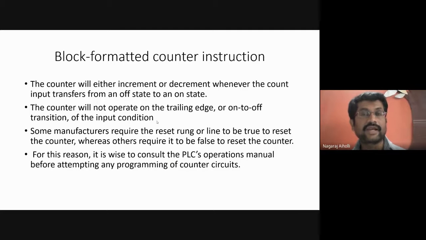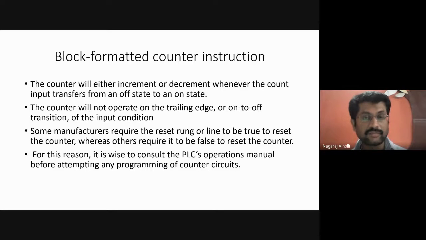Whenever the programmer, the user, wants to write a program, the programmer should refer to the manual provided by that company. You should refer to the manufacturer's manual, and then accordingly use the counter instructions. It is very important to refer to the manual, and then make the necessary adjustments in the program.